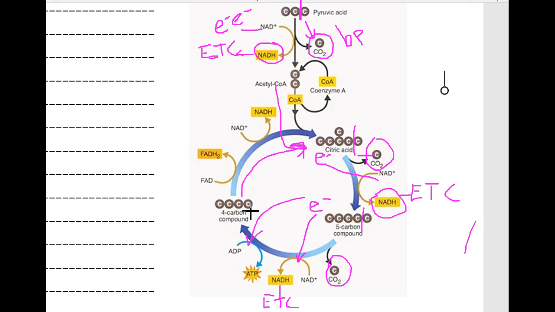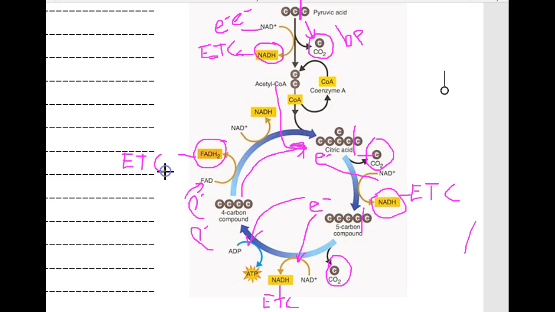Here it is. And we're going to have 2 pairs of electrons that I'm going to represent by single electrons here. 1 pair of electrons is going to be picked up by a new electron carrier called FAD. And it's the same as NADH. It's just a little bit different in its chemical makeup. It's still a coenzyme. It's going to form FADH2, and this FADH2 is going to go off to the electron transport chain.